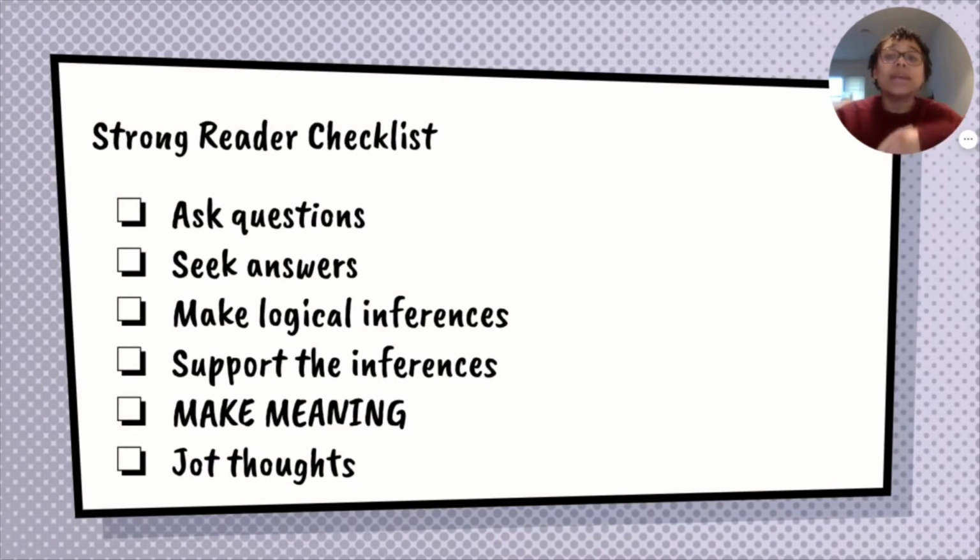And something that really helps a strong reader is jotting thoughts. So you think about things as you're reading, ask yourself questions, write comments, and write them down. That's what a strong reader does. And I'm going to teach you how to do everything on the strong reader checklist. And I bet you already know how to do most of these things. All right, now I want you to go grab your books and meet me back here.